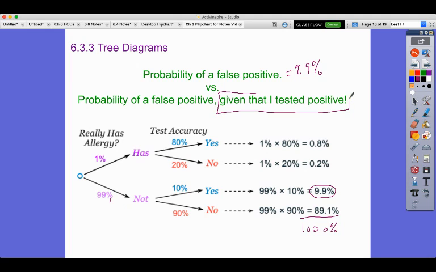Given that I tested positive means that I need all of the positives on the bottom. So who's positive? Oh, well, this guy tested positive. So those people tested positive and these people tested positive. Okay. So given that I tested positive, there is a 10.7% chance of testing positive.